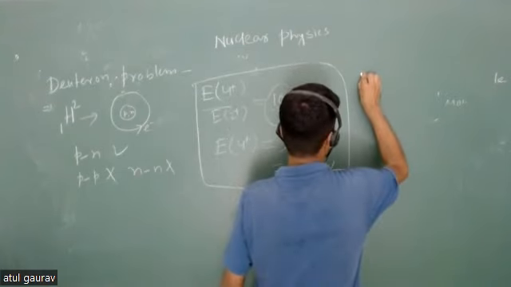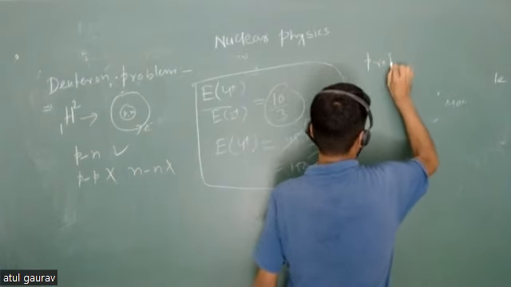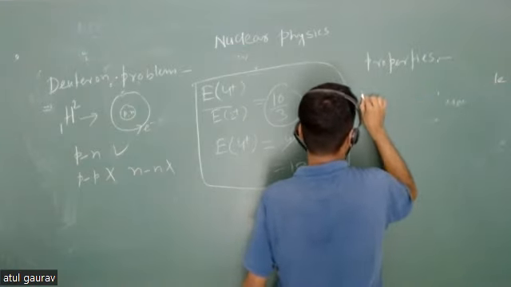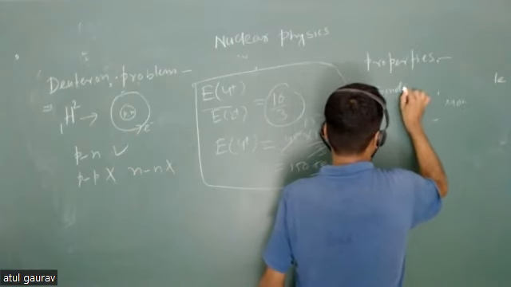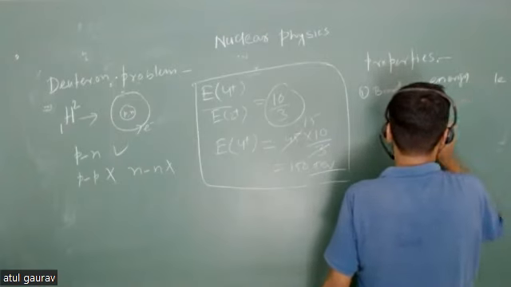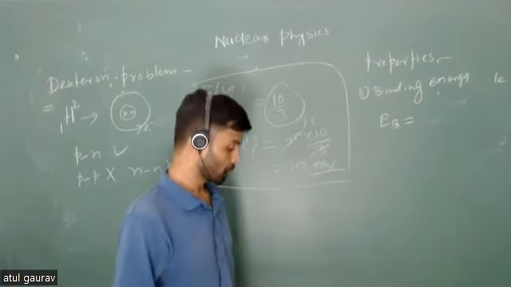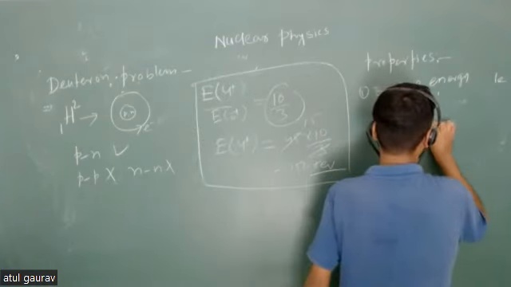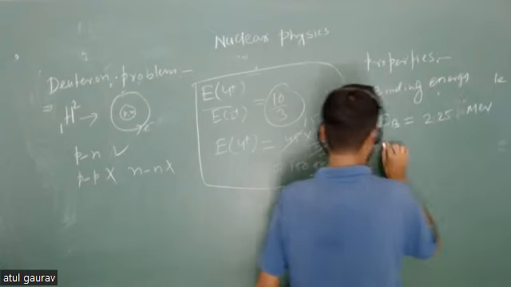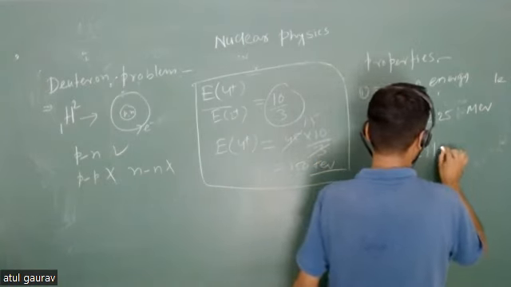So we'll start writing the properties first, then we'll solve the Schrodinger equation. So properties. Experimentally what was observed? The binding energy. How much is the binding energy of this? Any idea? How much is it? 2.25 MeV. This means the binding energy per nucleon is how much? Almost you can say 1.1 MeV.